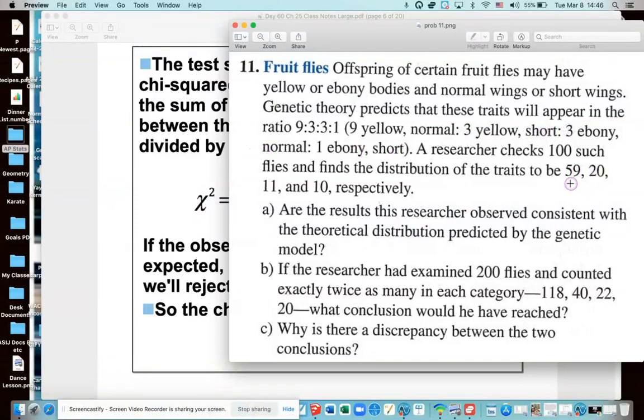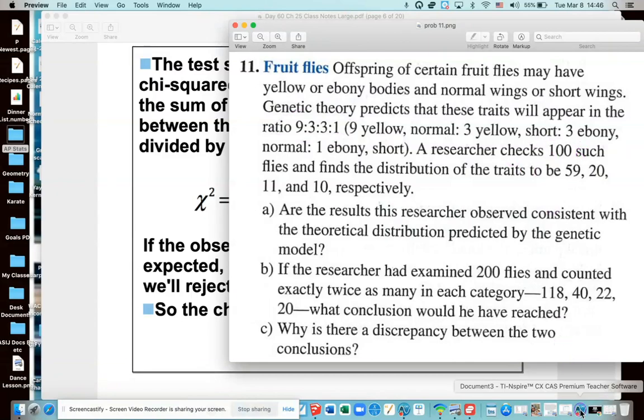So the counts they see from their sample are 59, 20, 11, and 10. We have to figure out what we expect to see. So from our sample of 100, if this is the proportion we're talking about, 9, 3, 3, 1, that we expect to see, out of 100, what does that turn into?